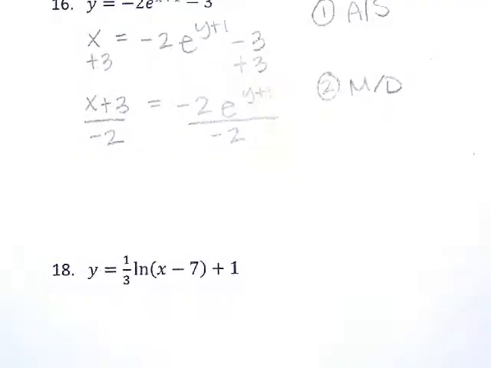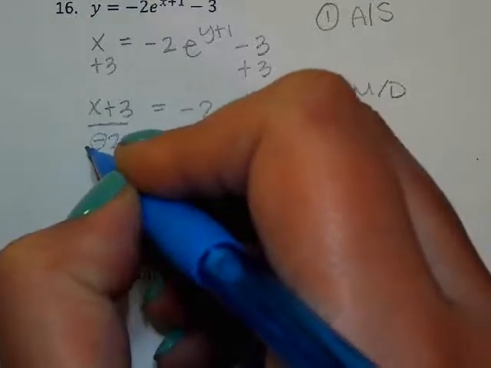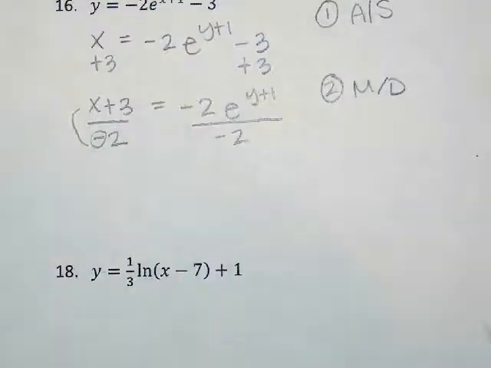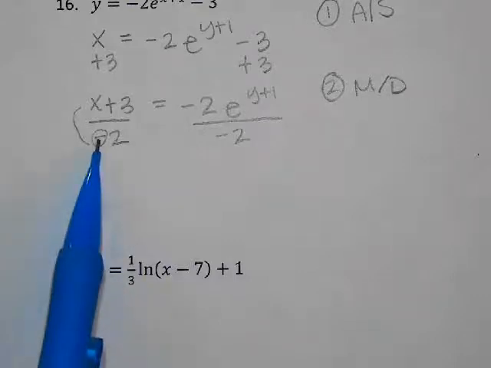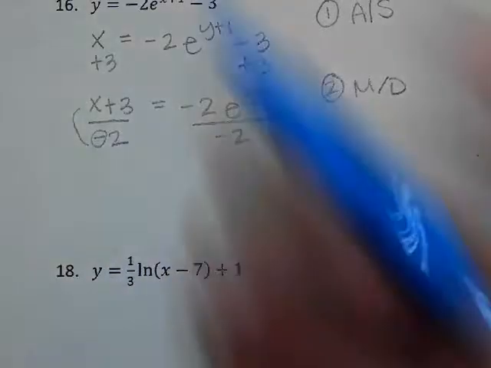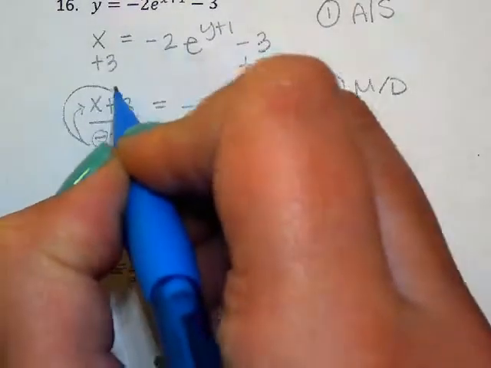Now, are most mathematicians going to leave a negative 2 on the bottom? Probably not. So what would most mathematicians do with that negative? They would probably bring it back up to the top, and if you bring the negative up to the top, it's going to distribute. That negative has to go with each term on the top.